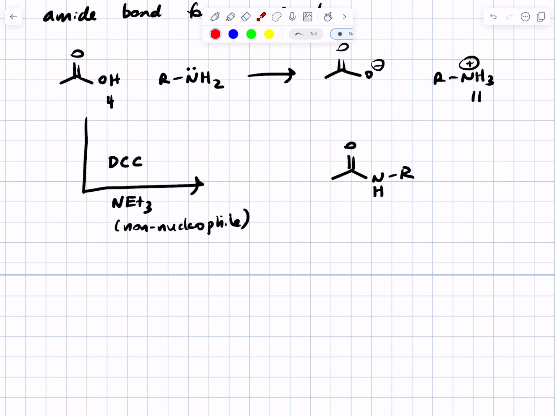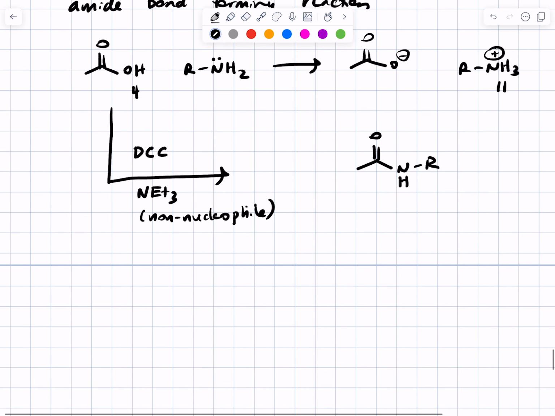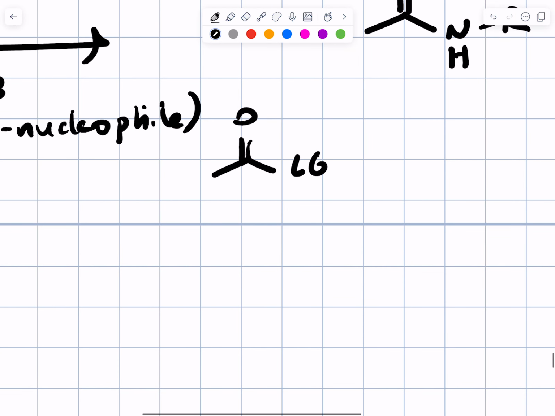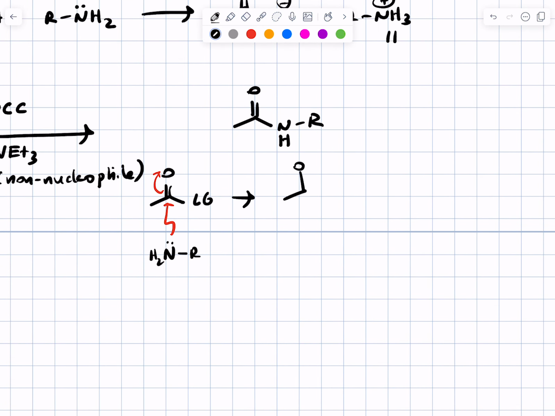It was a mechanism you didn't necessarily need to memorize, but the idea is we convert the OH into something that's a good leaving group. And then the nitrogen of the amine attacks the carbonyl carbon, and we just do conventional nucleophilic acyl substitution chemistry in which the leaving group leaves.